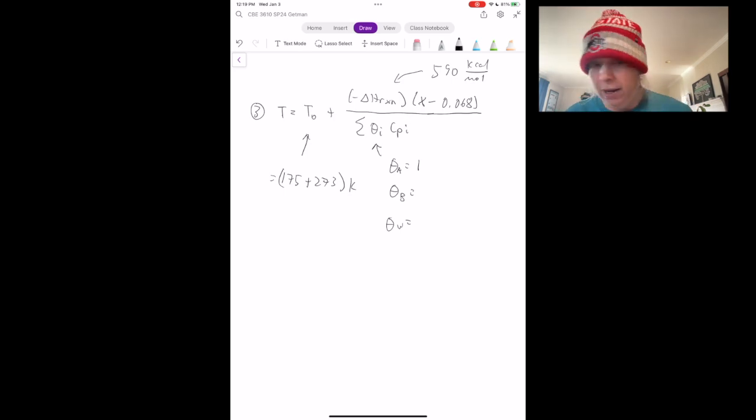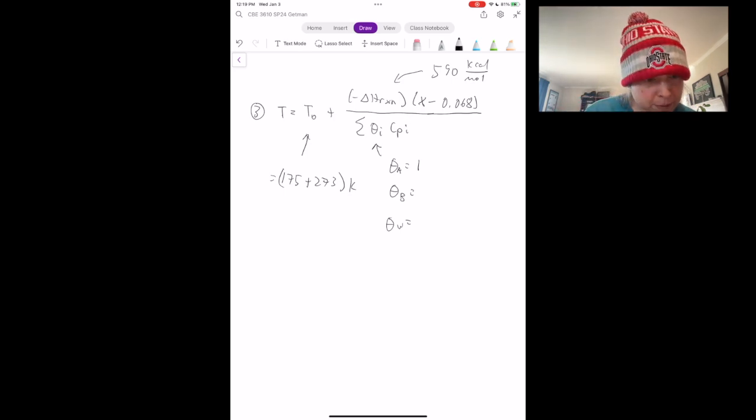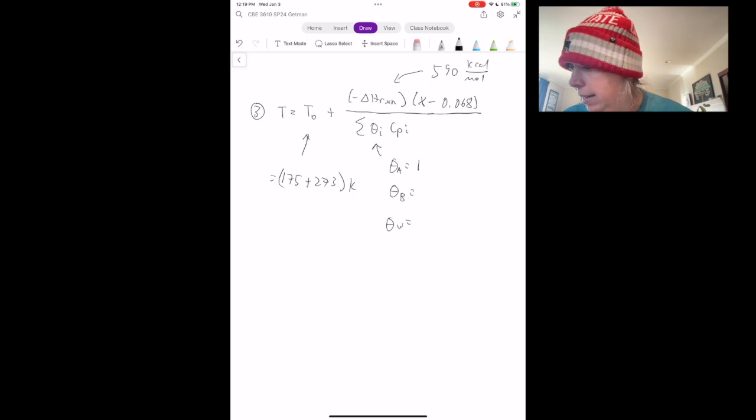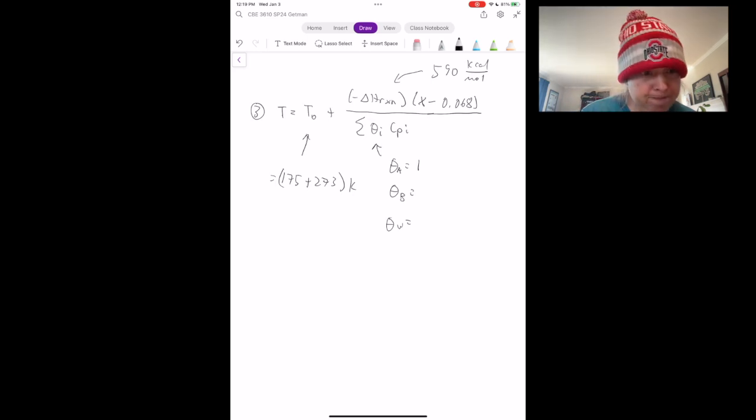Then additionally for my theta terms, what I'm going to do is take the final values of CA and CB that I integrated in my isothermal operation case, and use those to create theta B and theta C for the new case. At the end of isothermal operation, I had achieved a conversion of 0.068.